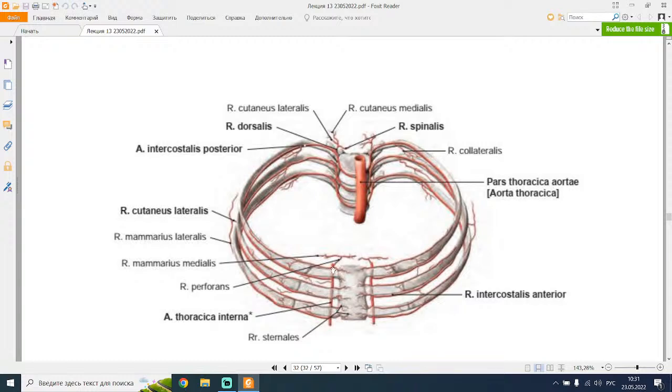Arteria thoracica interna gives off branches rami intercostalis anterior, rami costalis anterior, and arteria intercostalis posterior forms anastomosis.